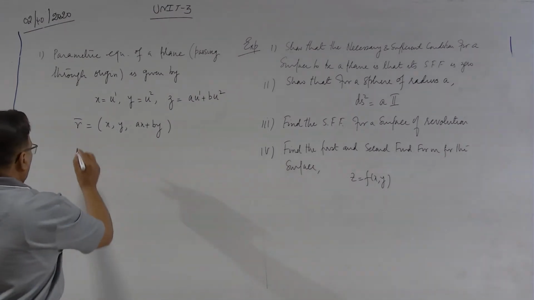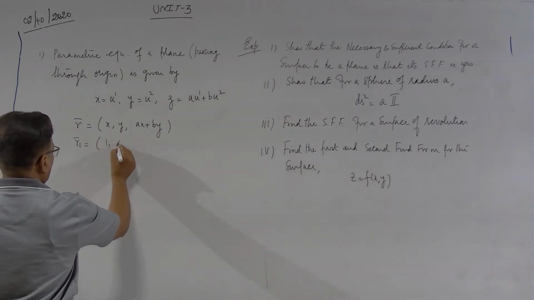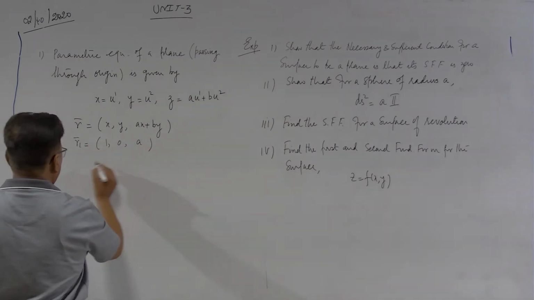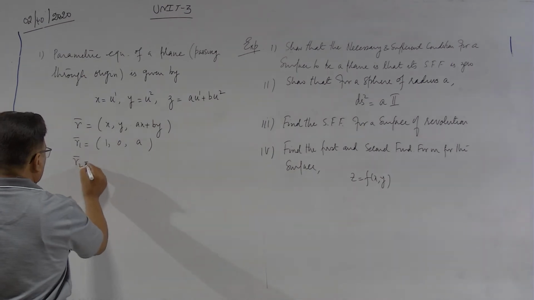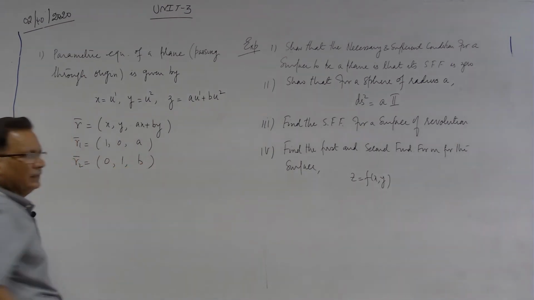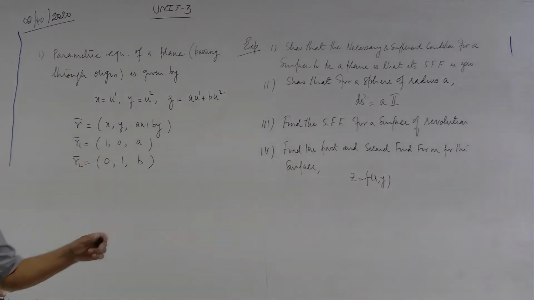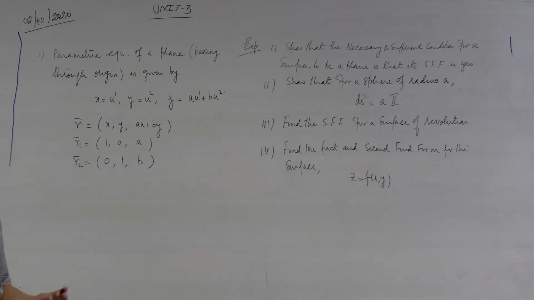Now, R1 means 1, 0, a, R2 means 0, 1, b. Now, 1 and a, b are constants. So, the second order derivatives will vanish. R11 will be 0, R12 will be 0, R22 will be 0.